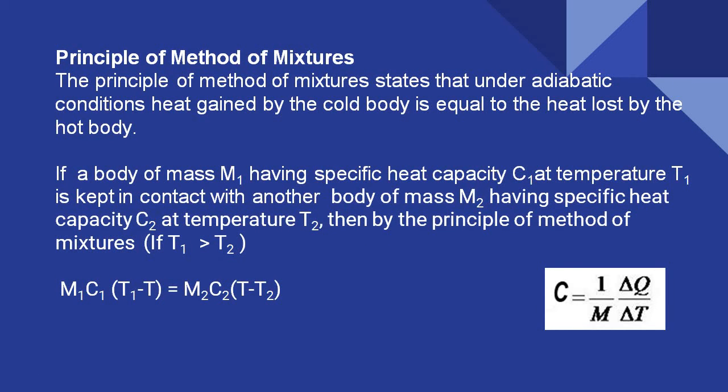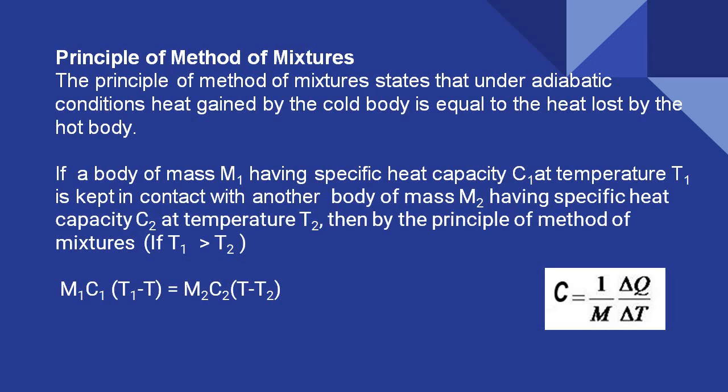And now, the principle of method of mixtures, and this is very useful for solving problems. The principle of method of mixtures states that under adiabatic conditions, heat gained by the cold body is equal to the heat lost by the hot body.